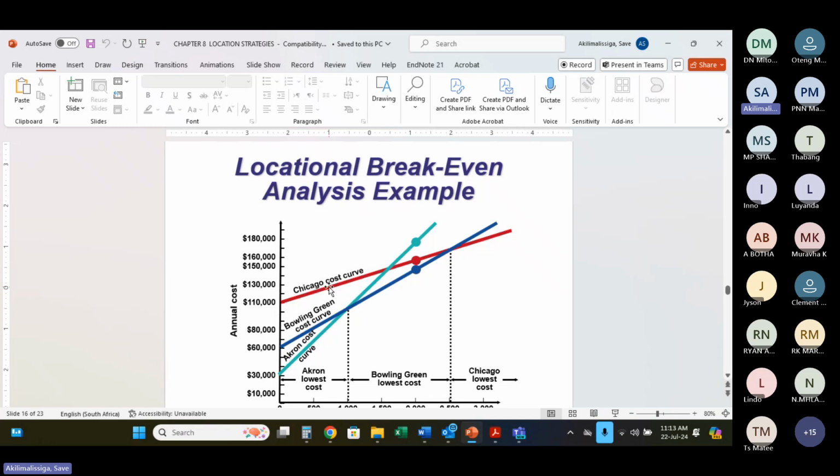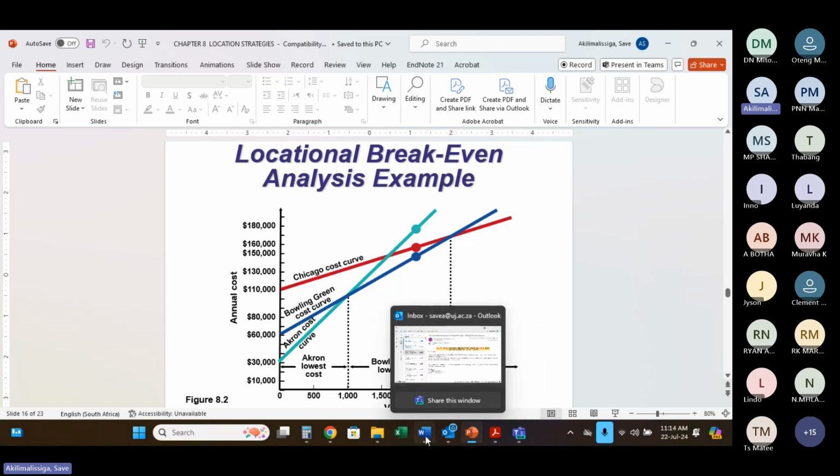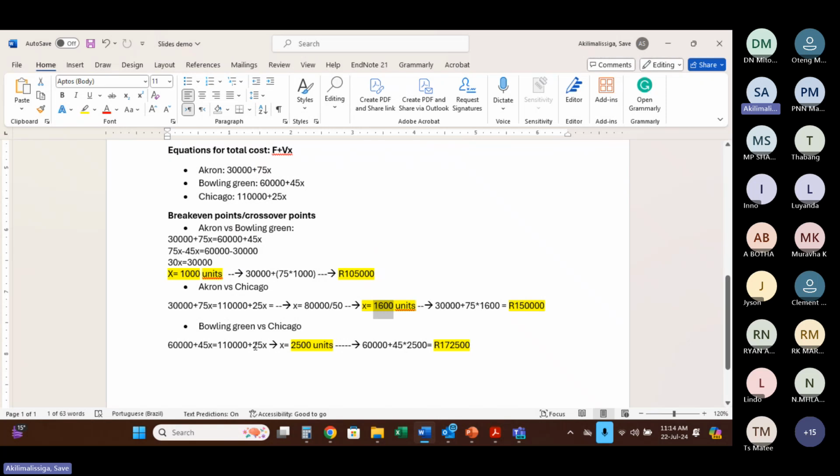Even Chicago and Bowling Green, if everything is done appropriately, will automatically meet here. And even if you do the calculations, you'll find out that, remember, we have already calculated 2,500. We'll find that amount somewhere here.